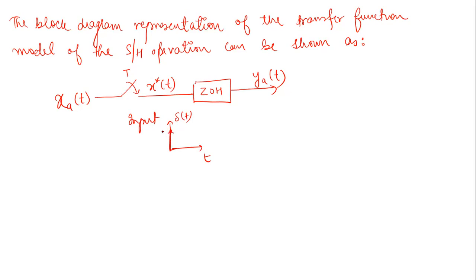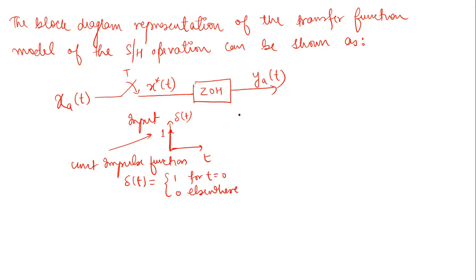This is our unit impulse function, delta t, which is 1 for t equal to 0, 0 elsewhere.